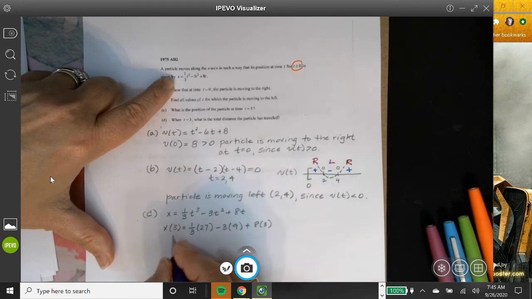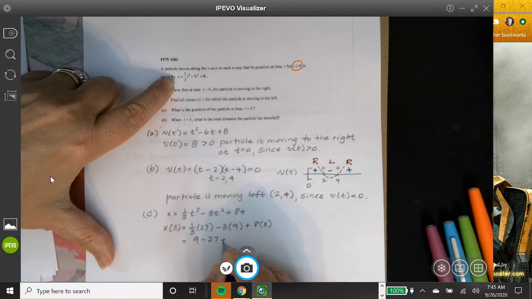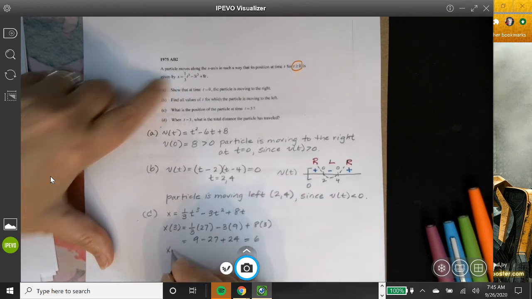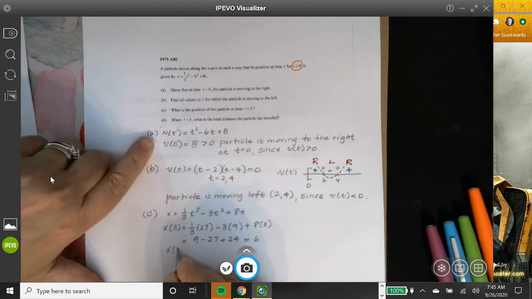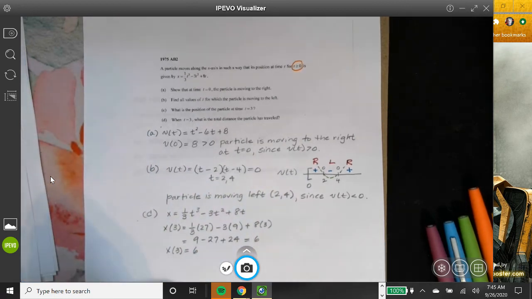So what do we get? 1/3 of 27 is 9, minus 27, plus 24. When I subtract these two first, I get -3 plus 9 is 6. So x of 3 is 6. Well, that's easy enough.